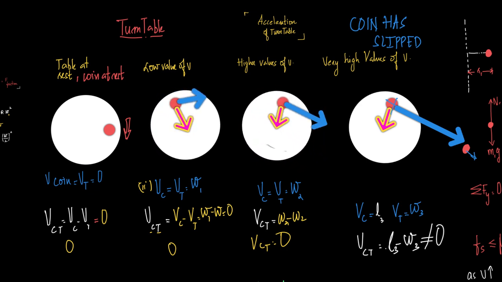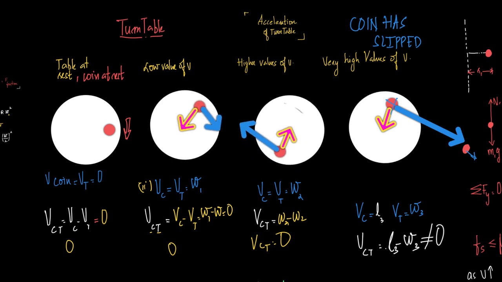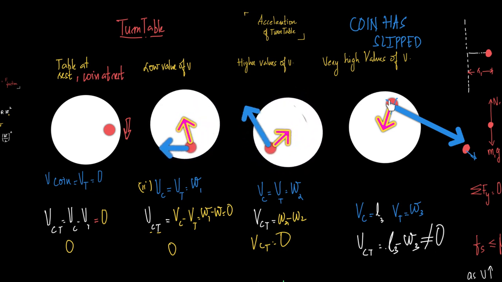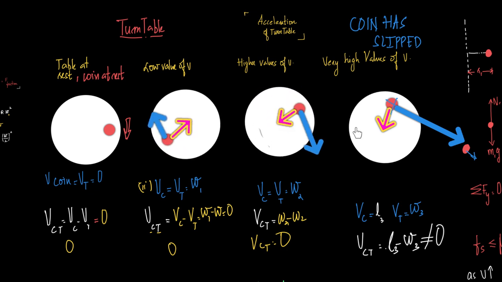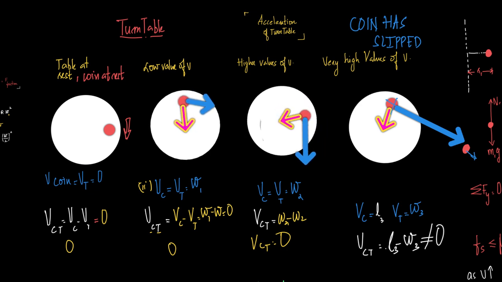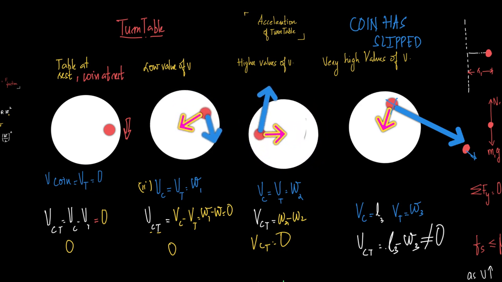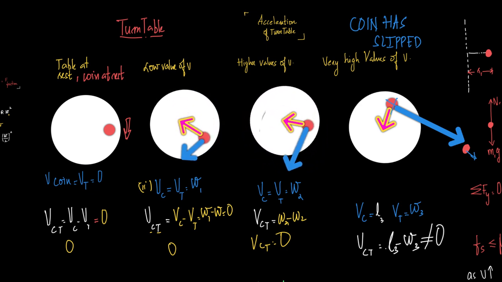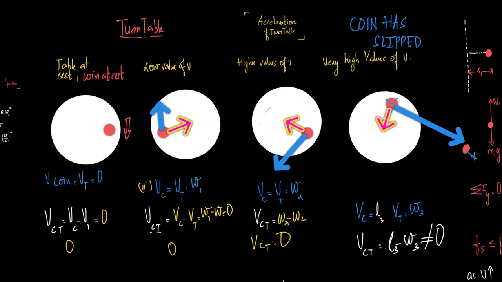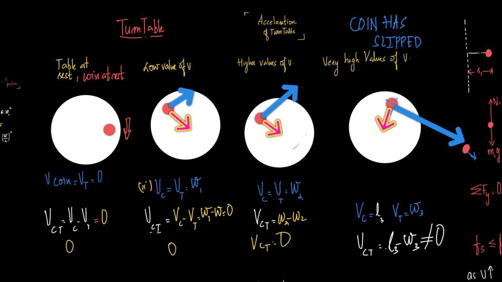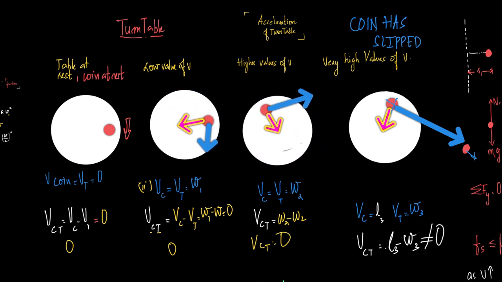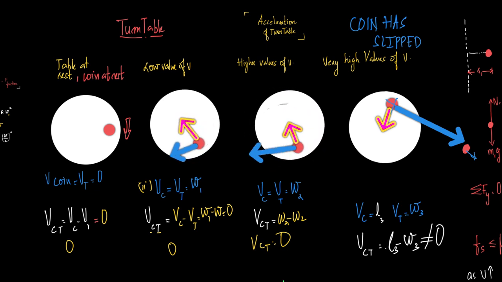Slipping means that there is some relative velocity, which, when I say some, it is not equal to 0, relative velocity between the coin and the table. I took a long time to explain this, but I wanted you to visualize the concept here, because if you don't visualize things, you won't be able to make your concepts clear. All right. So what does it mean when the coin has slipped? It means that there is some relative velocity between the coin and the table. All right. So that was about slipping.